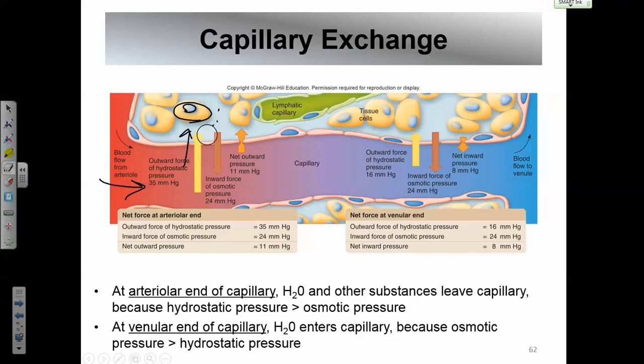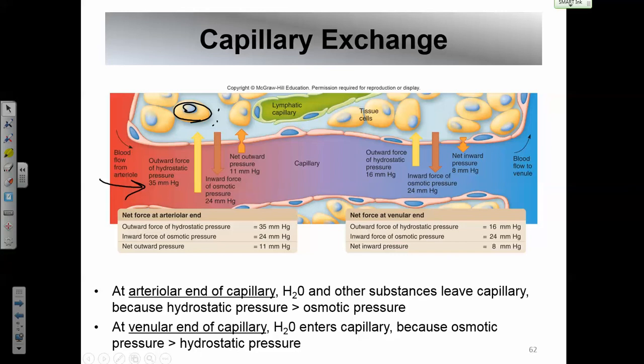And that movement of the water, this is all water movement, but things are dissolved in water like oxygen. All right, that movement then is determined by these opposing pressures.